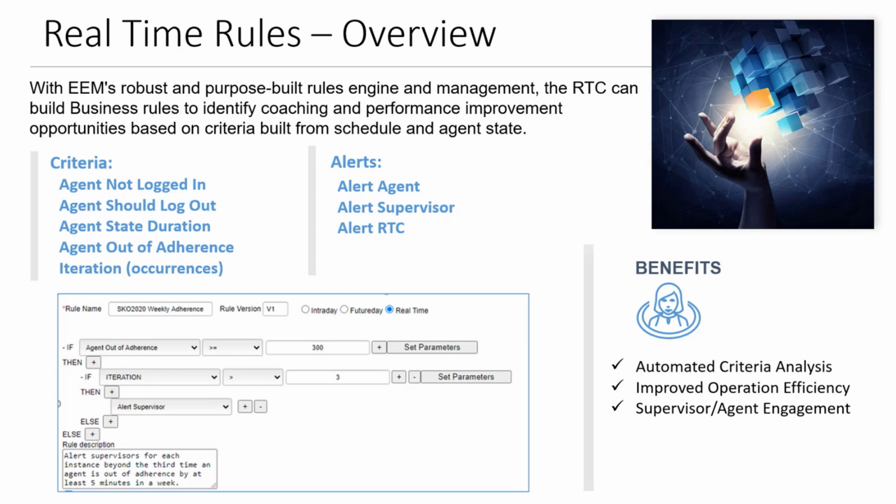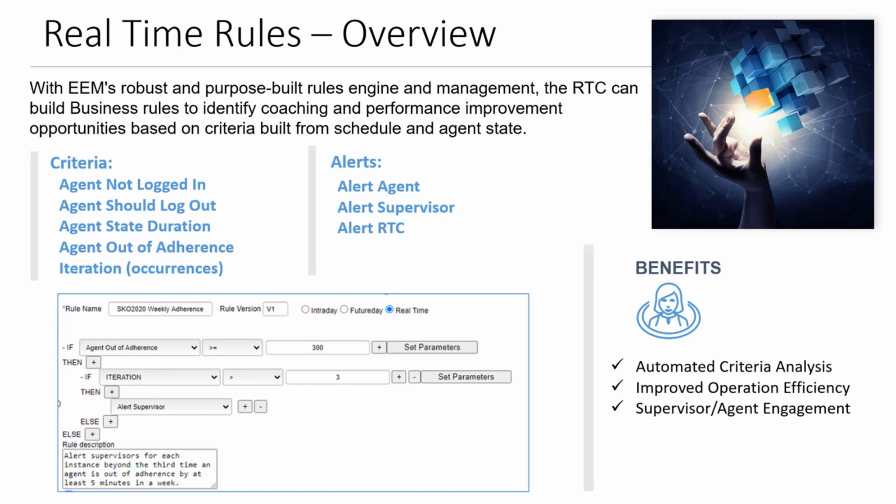That helps identify and tune how frequently these alerts come through so that they're not overbearing to the people that are seeing them, yet provide the information and the cadence that provides the optimal coaching opportunities and continuous improvement.